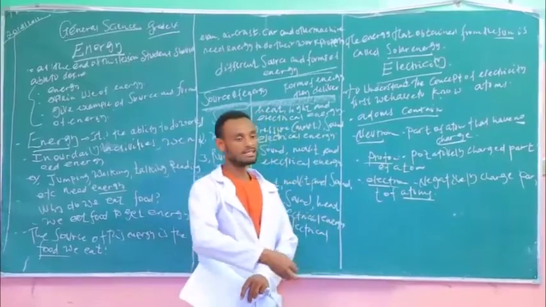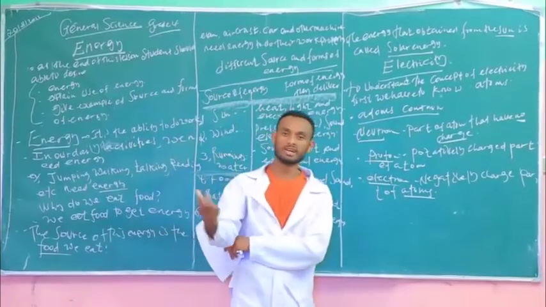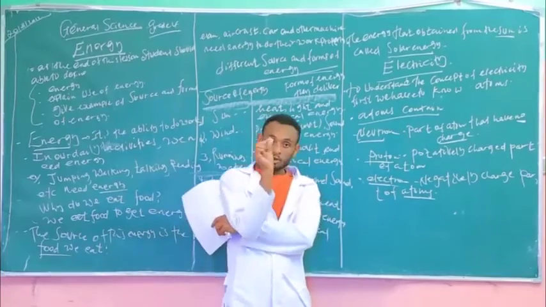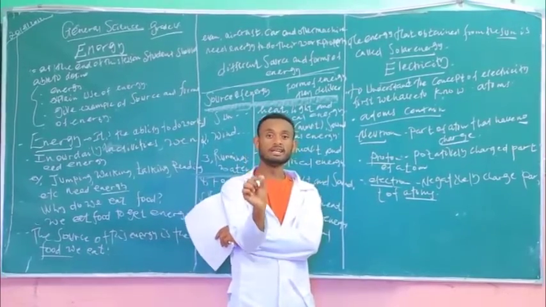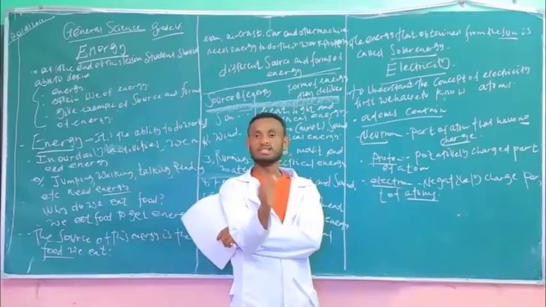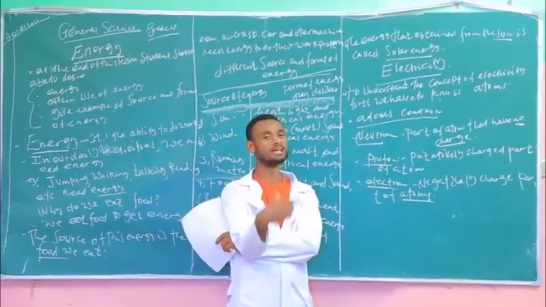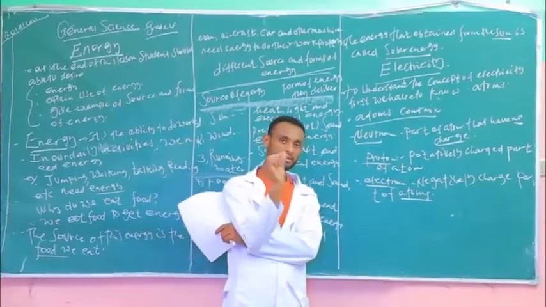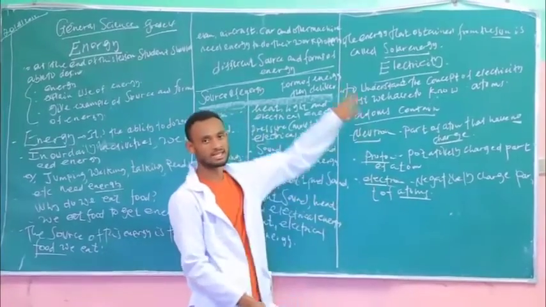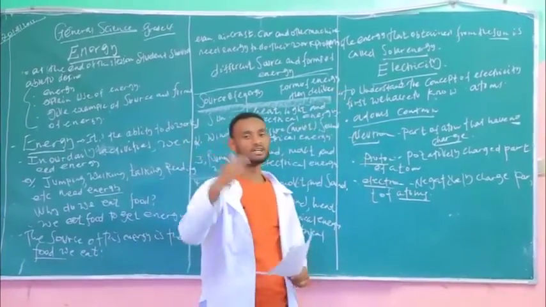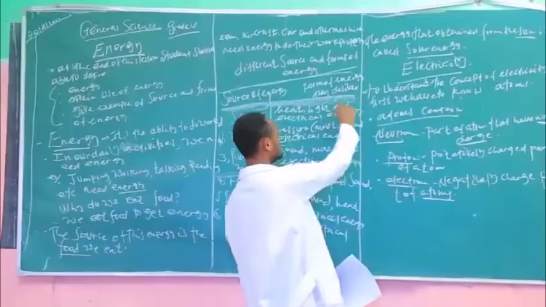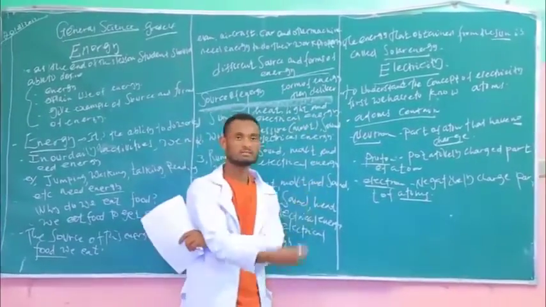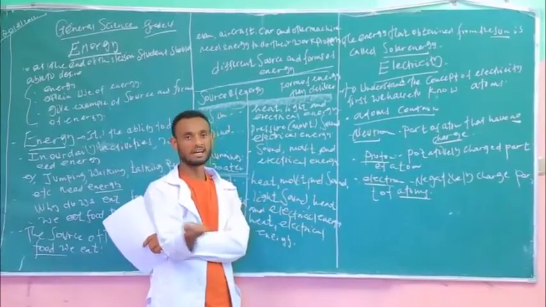There are different sources of energy, and those sources deliver energy in different forms. For example, the sun delivers energy in the form of heat, light, and electrical energy.